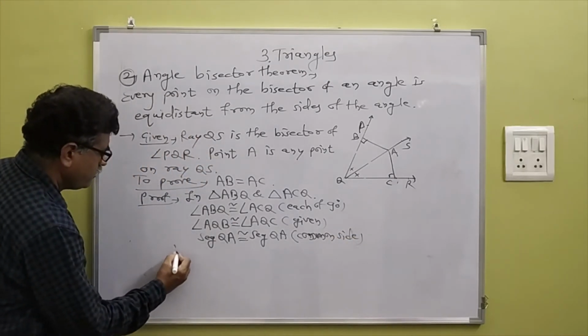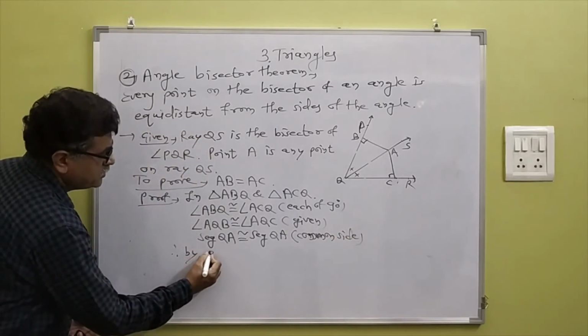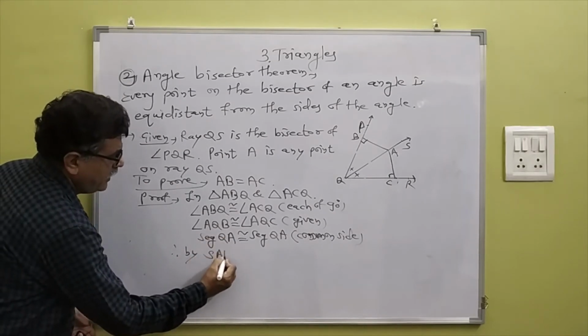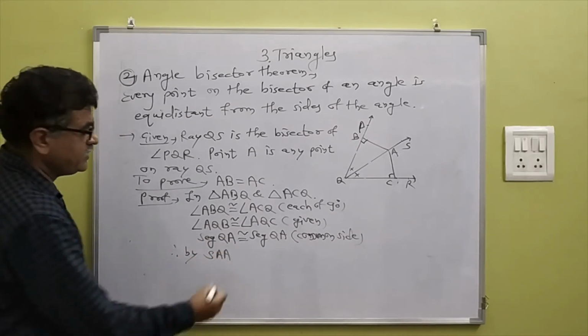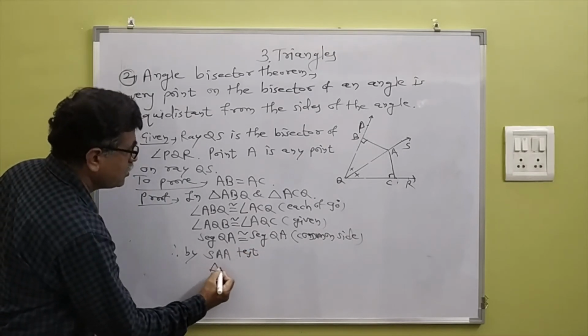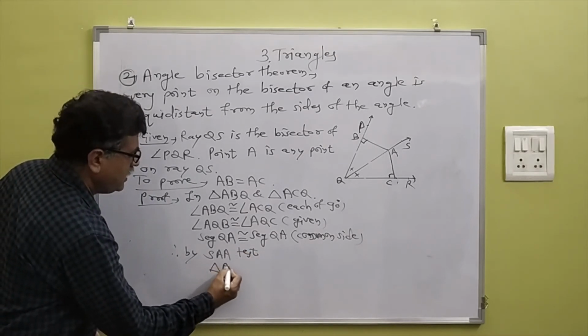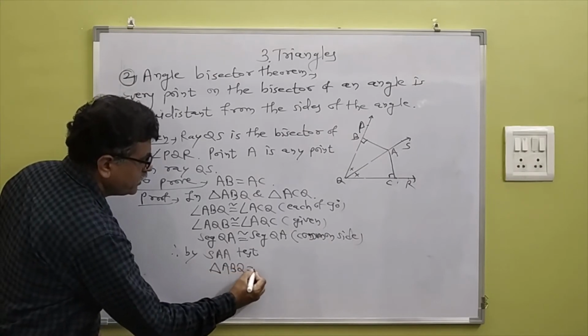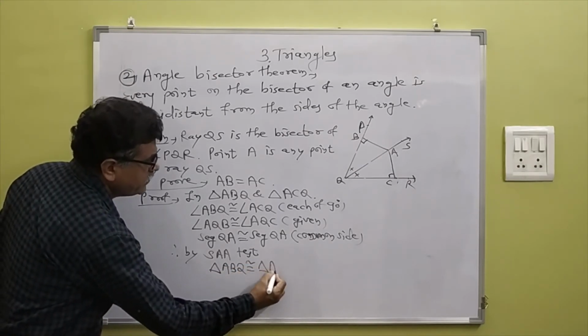Therefore, by side angle SAA test, these two triangles are congruent. Triangle ABQ congruent to triangle ACQ.